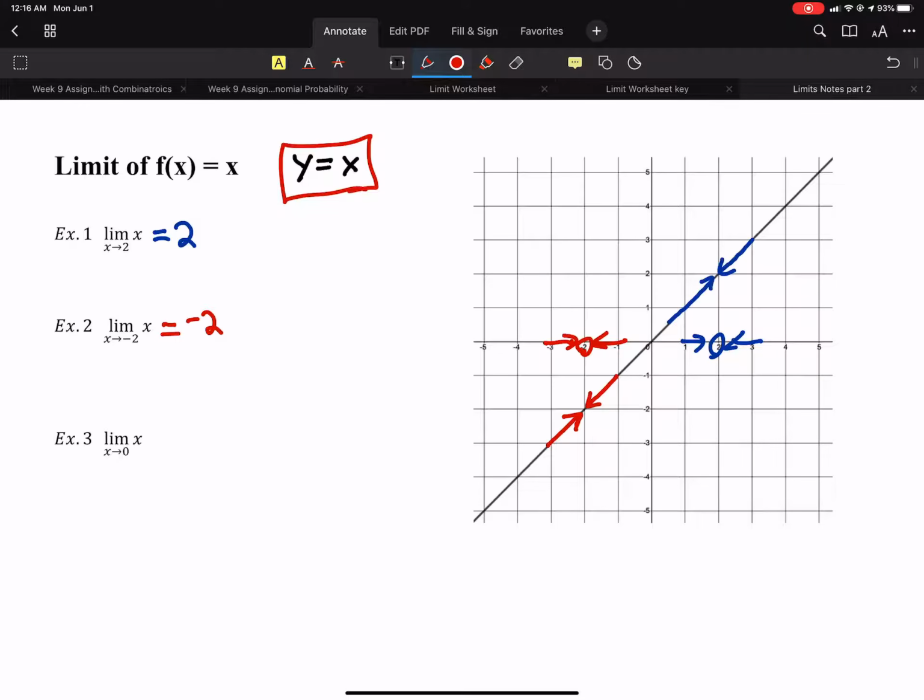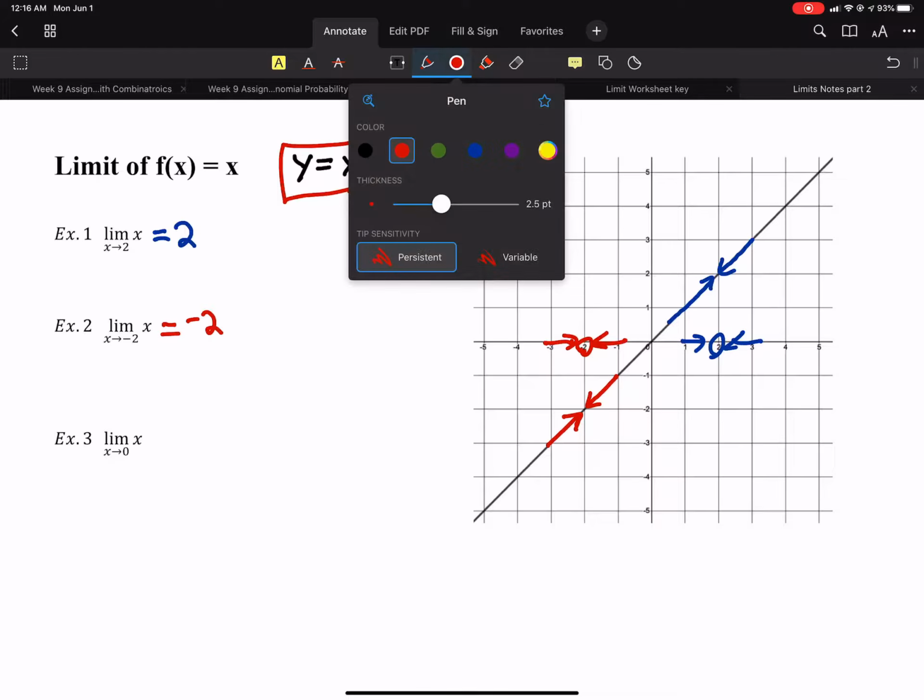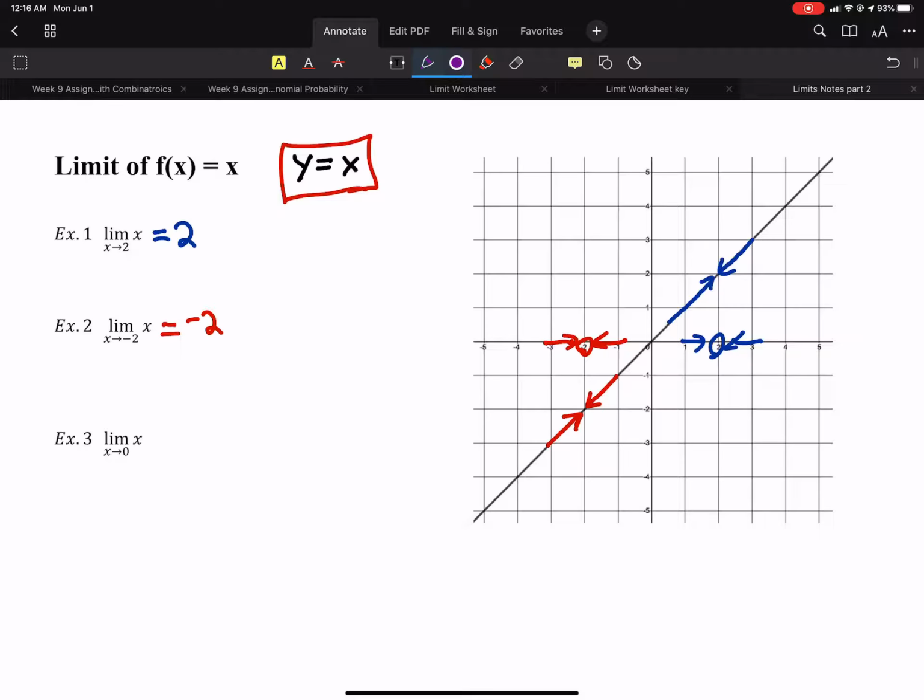So the last one, take a look. I'll let you think about the answer on example 3. You can pause if you want to before I give you the answer. Clearly, it's going to be 0, because whatever x approaches, y approaches, because y is x.